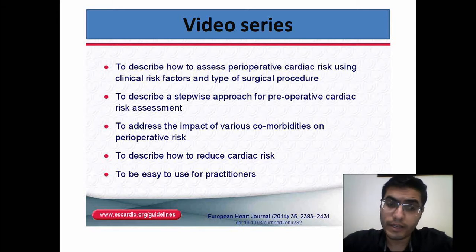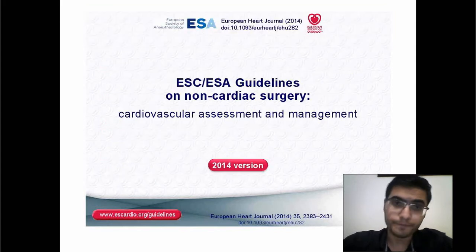At the end of this series we will make it easy for anesthesia physicians to assess and deal with a cardiac patient: when to cost-effectively ask for cardiovascular investigational tools, when they can ask for a consultant cardiac physician to assess the patient, when to postpone the surgery, and how to deal with it in a manageable way.